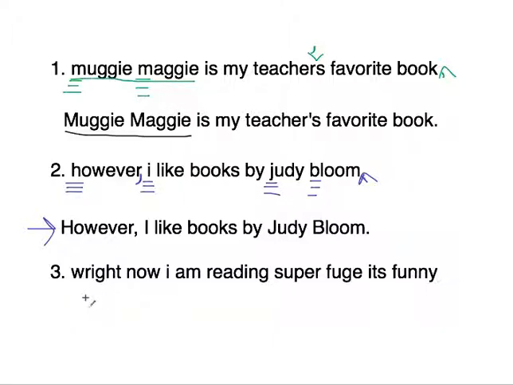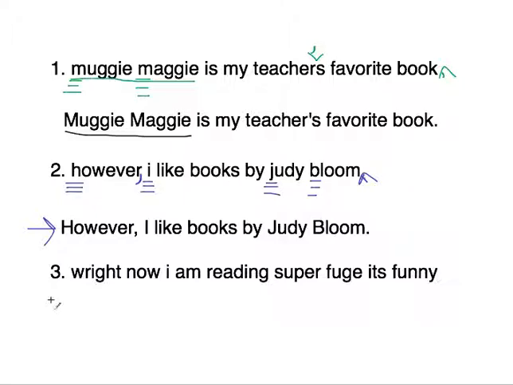My last sentence says, right now I am reading Super Huge. It's funny. Okay, so they're reading something, which I think is the name of a book. Let's read that again and make sure it sounds right. Right now, I am reading Super Huge. It's funny.